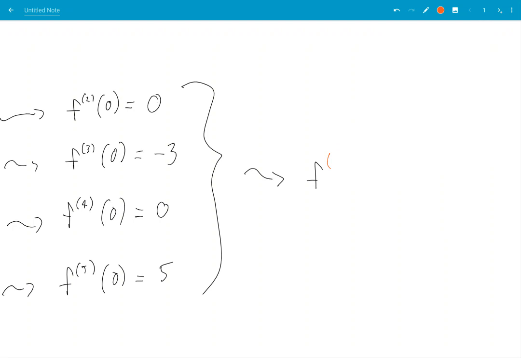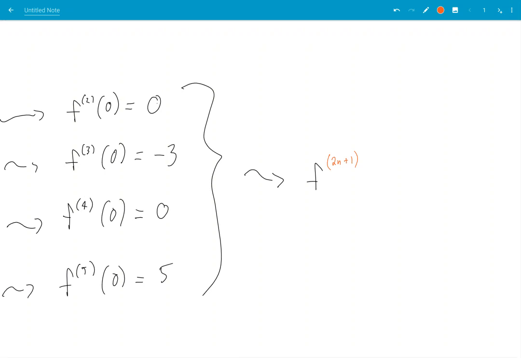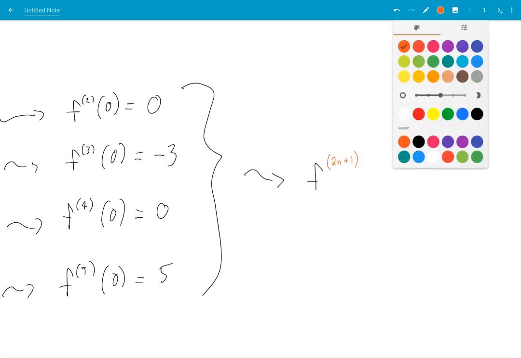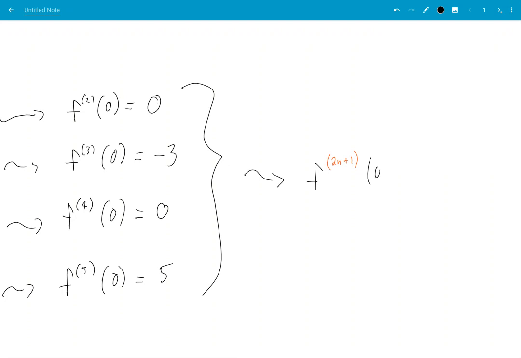So why don't I say f to the 2n plus 1, with 0 plugged in, is going to be, well, I have the same number here as I do here.